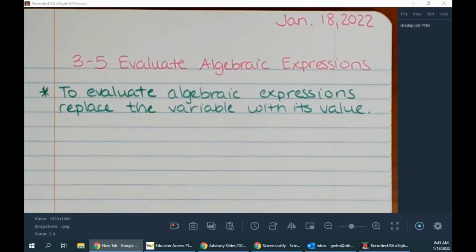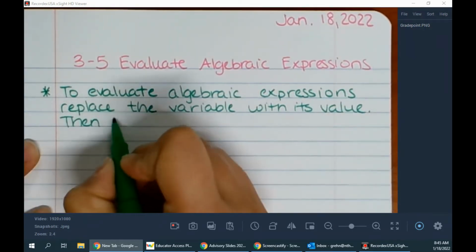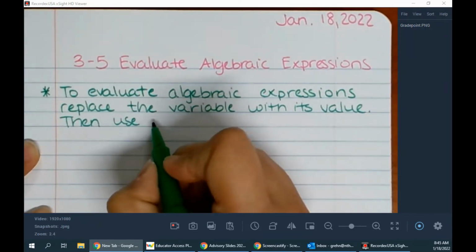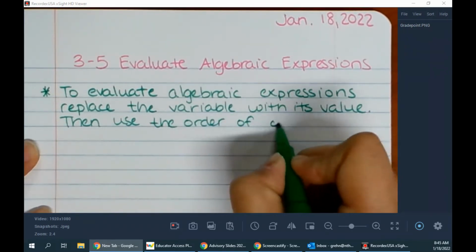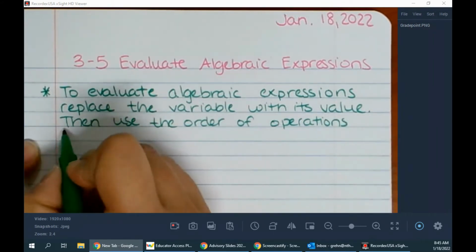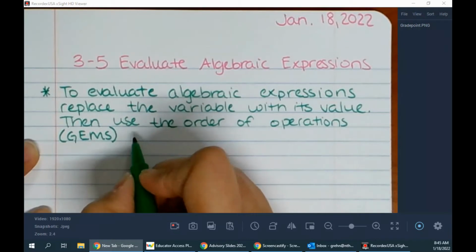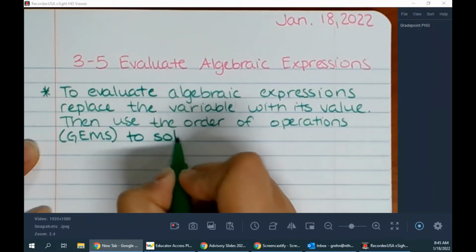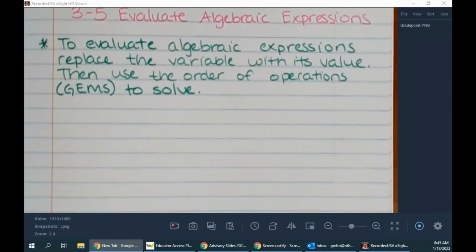Then use the order of operations or GEMS to solve. And I'm going to put GEMS in parentheses as a reminder of the acronym. So really, everything you've already learned, now we're just putting it together.